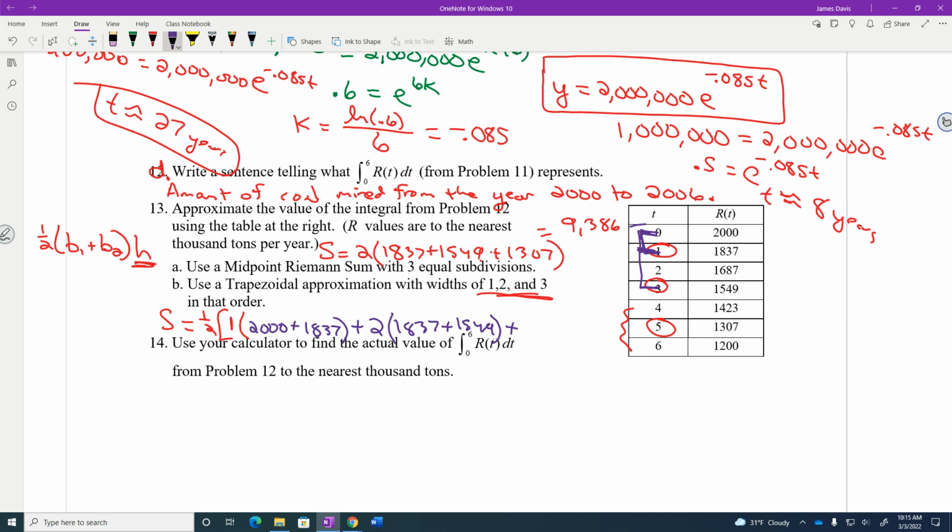Plus, and the last one has a width of 3. So 1, 2, 3. Those are going to be our values, plus 2 times 1549 plus.